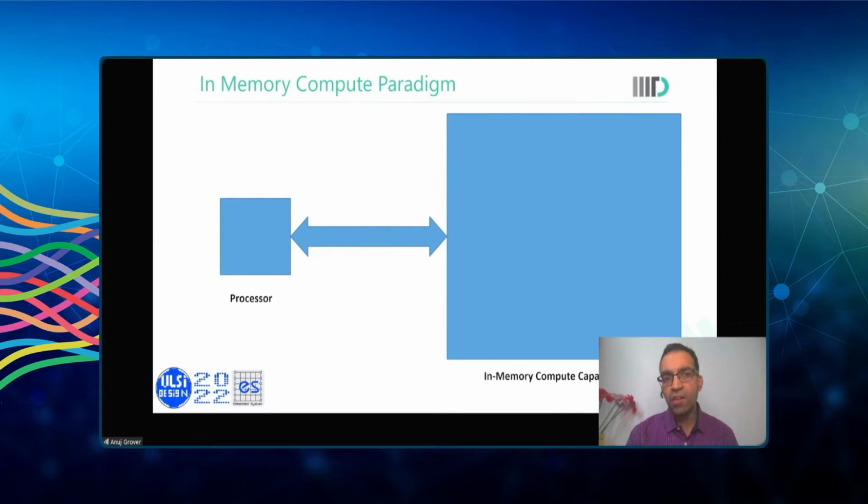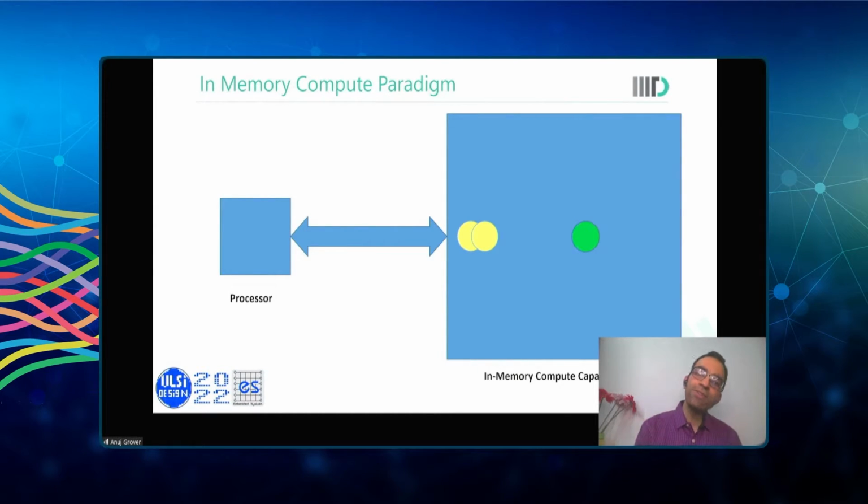If we have an in-memory compute capable SRAM or a memory, all that the processor needs to do is give the instruction C is equal to A plus B. The memory would access location A, access location B, generate the output C, and then automatically store it at location C inside itself.